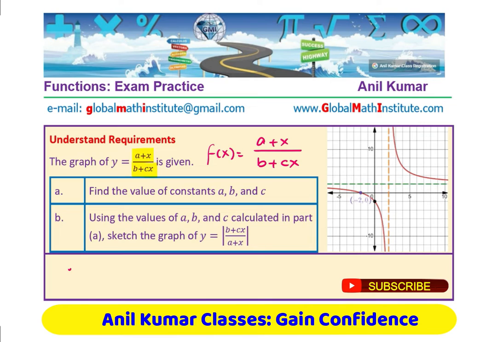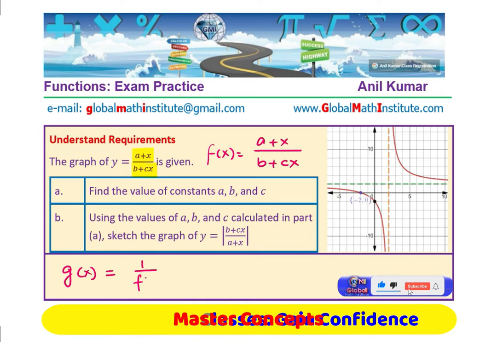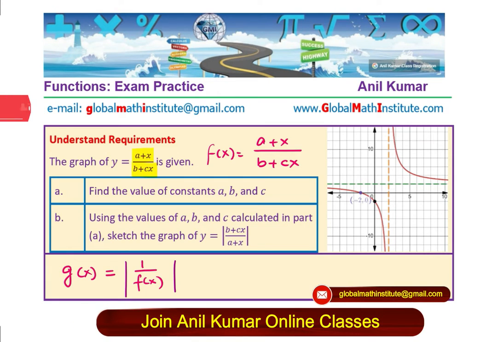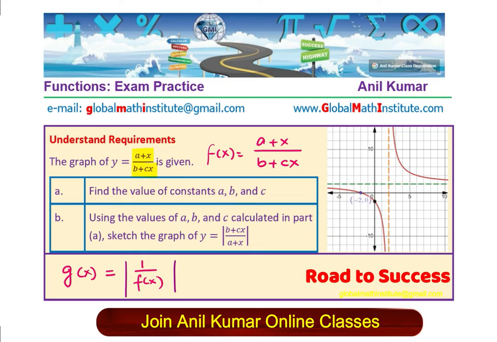Then in part b we have to find g of x, which is basically 1 over f of x, and not only that, the absolute value of that. That is the question. So the graph is given to us, and we can sketch the reciprocal from the graph itself and also find its absolute value. Do you understand that part? That is to be appreciated.